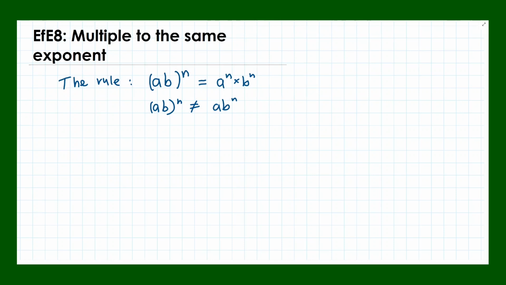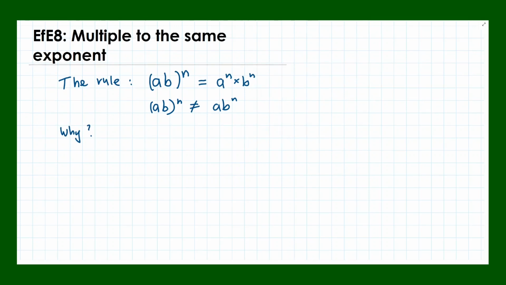Remember, the brackets always tell us priorities. So in this case, it tells me that I have to raise both of them, a and b, to the same power. And in here, it only tells me that b is raised to n, not both of them.